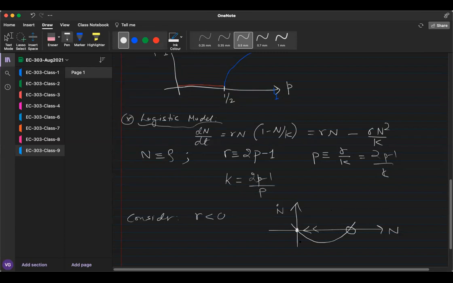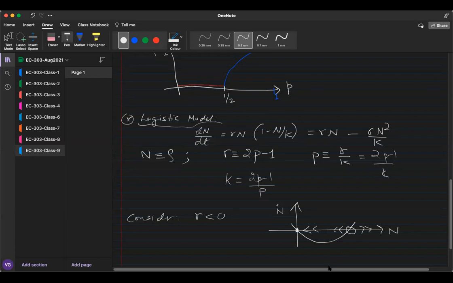So what about K, by the way? Is K stable or unstable for r less than 0? Let's say I make a perturbation to the left of K. What happens? It decays down to 0. What happens if I make a perturbation to the right of K? Let's say the population was at carrying capacity K with r negative, but now I have made a perturbation to the right, adding a few more individuals. What happens?